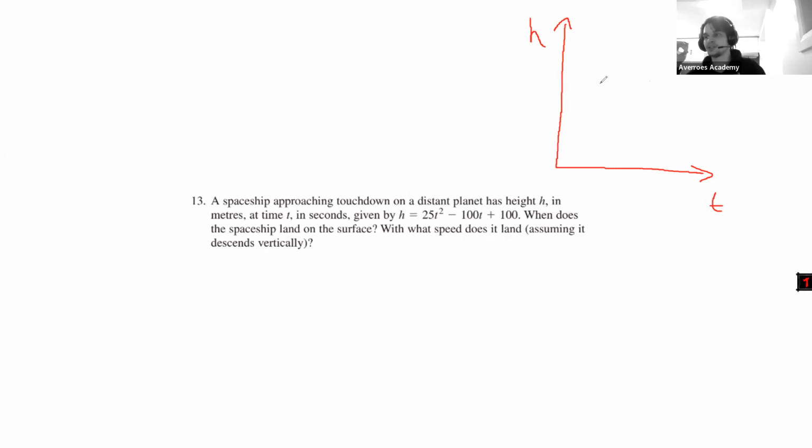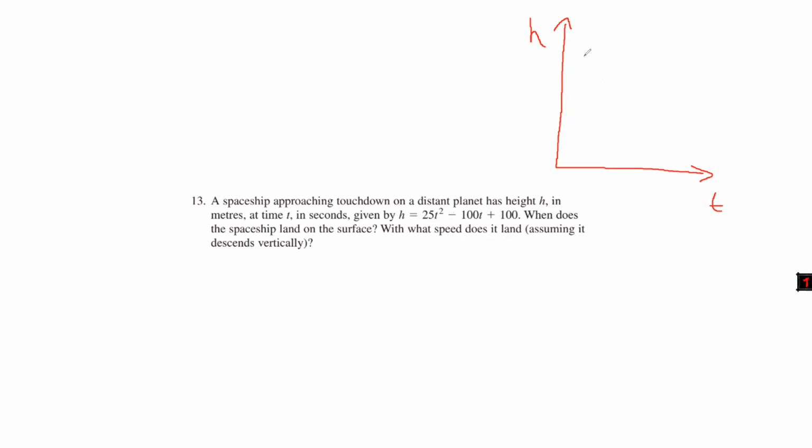What would happen to the tangent line at this point? Let's say our spaceship lands horizontally, and this is the moment when it reaches the ground and something happens with our graph.